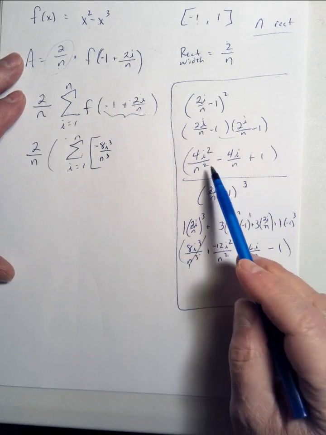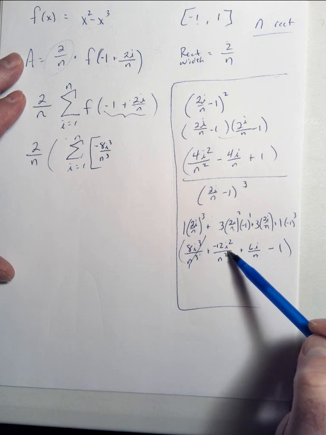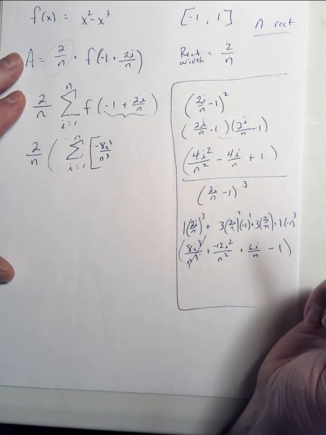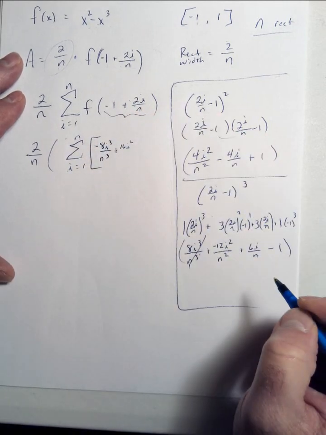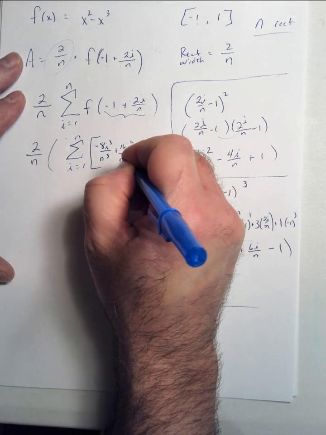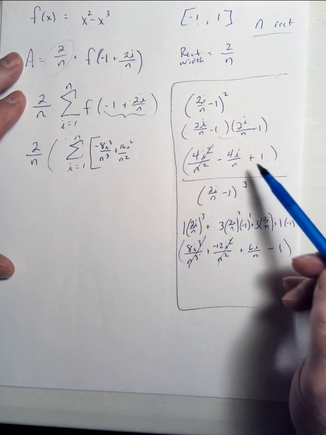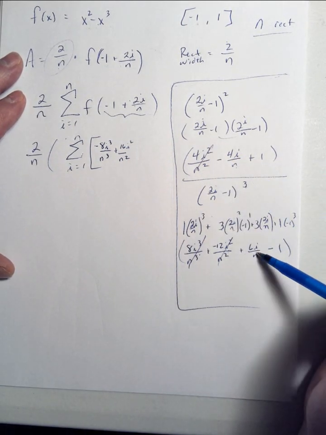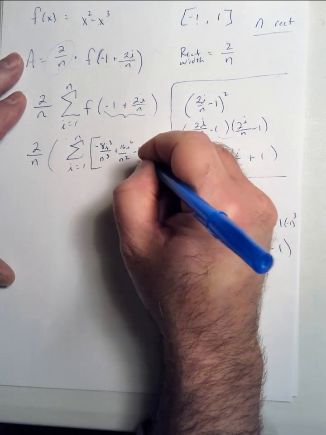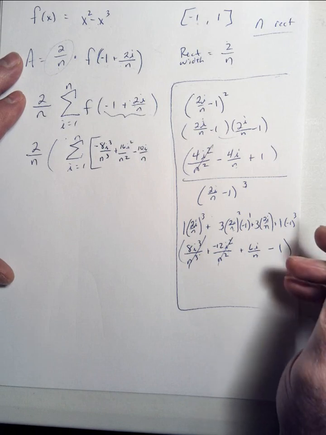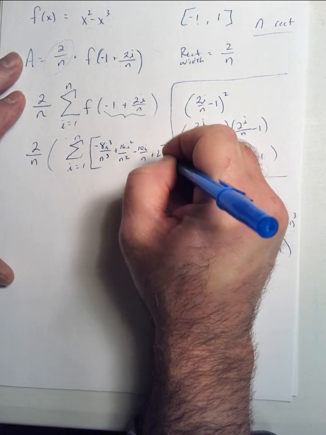And then I have 4i squared plus, because it's subtraction, so it becomes 16i squared over n squared. And then I have negative 4i minus, so negative 10i over n, and then 1 plus 1 plus 2.